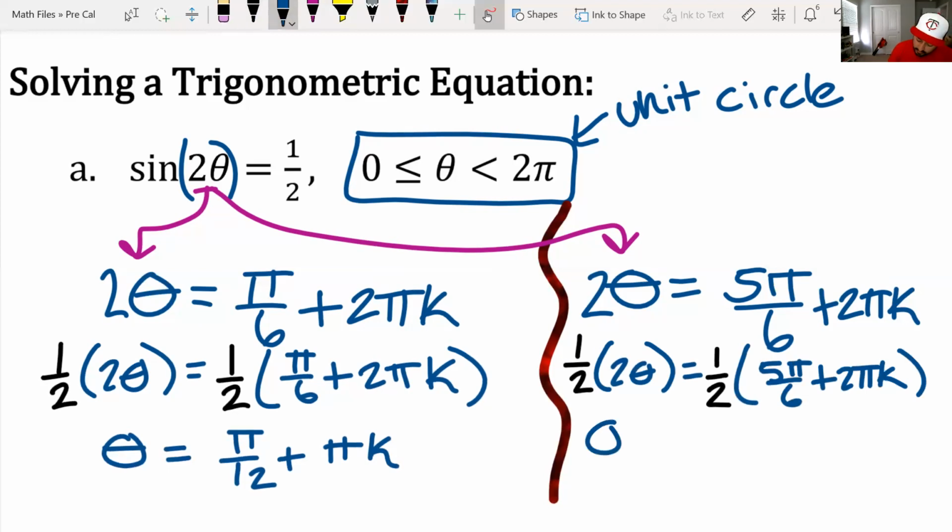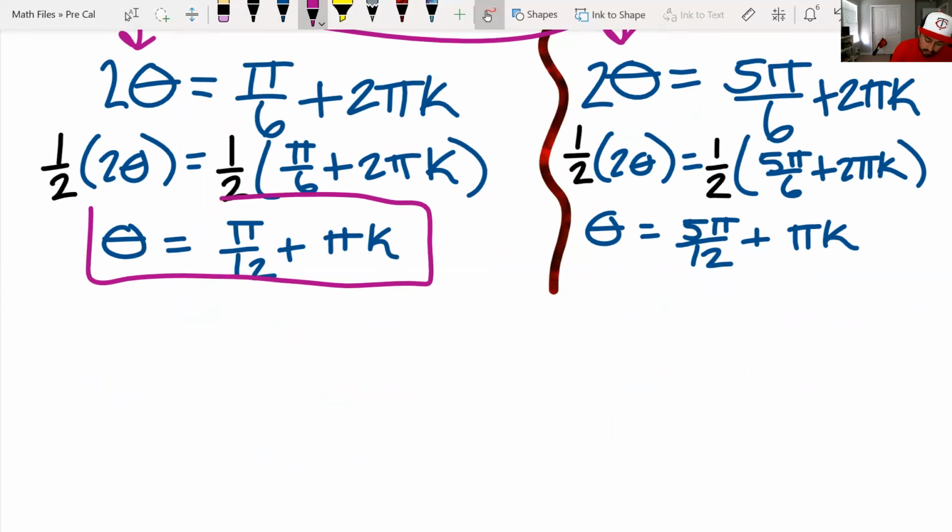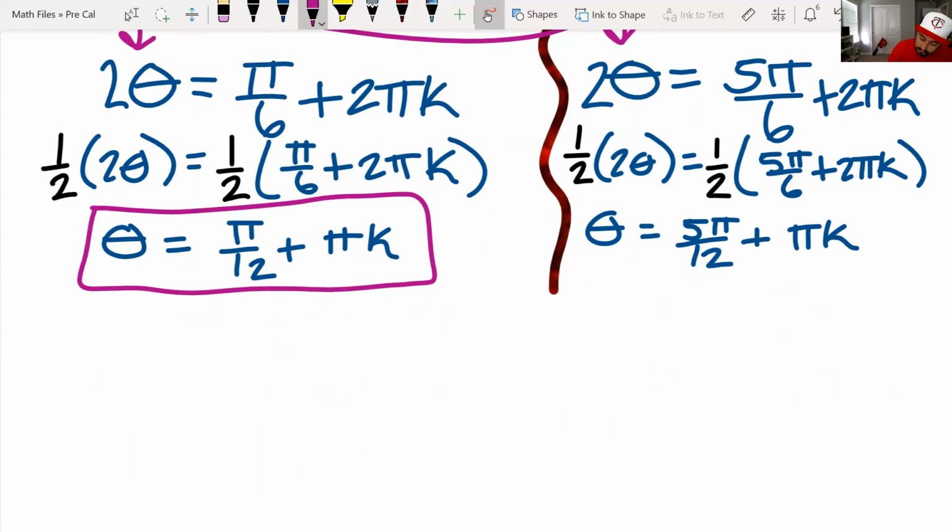You get theta equals 5 pi over 12 plus pi k. Okay, so these are your general solutions.